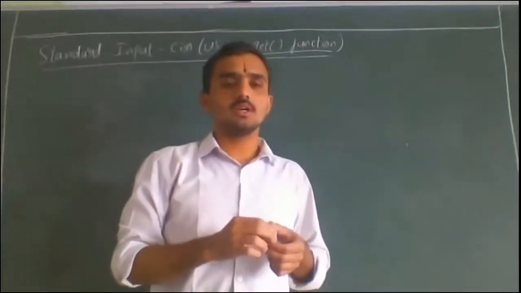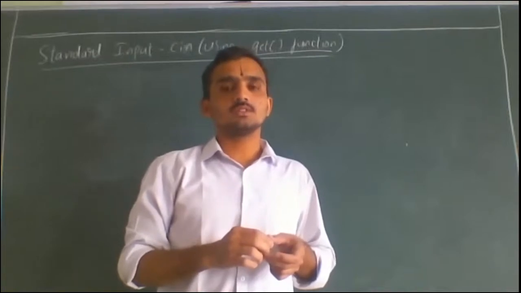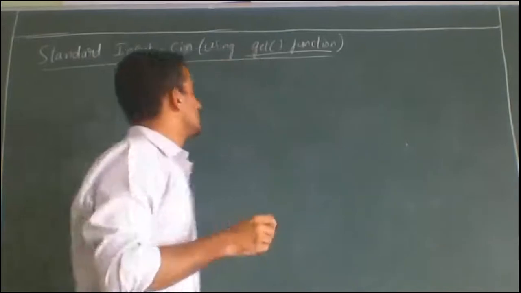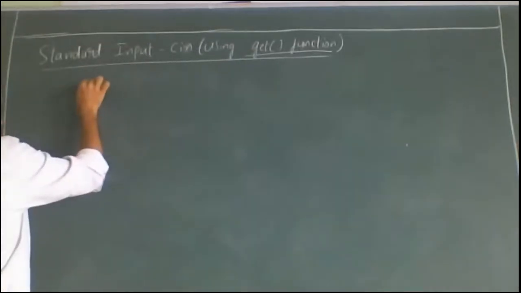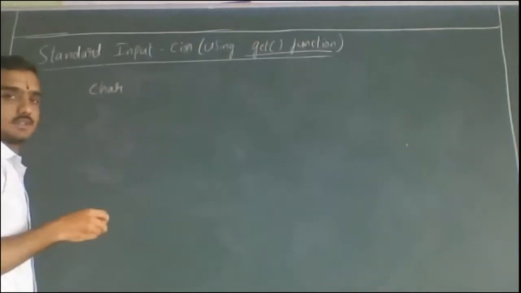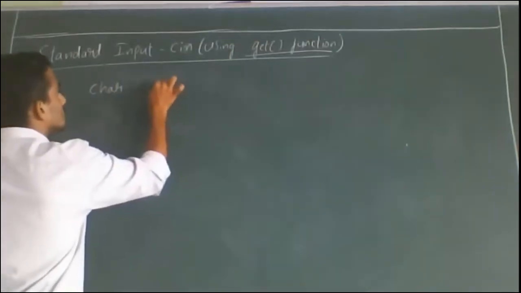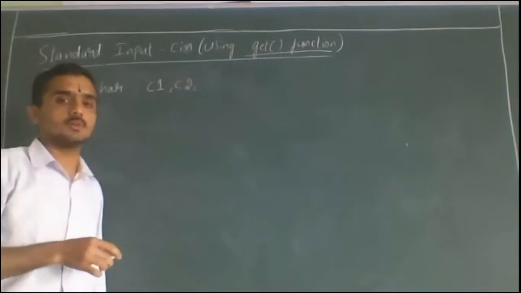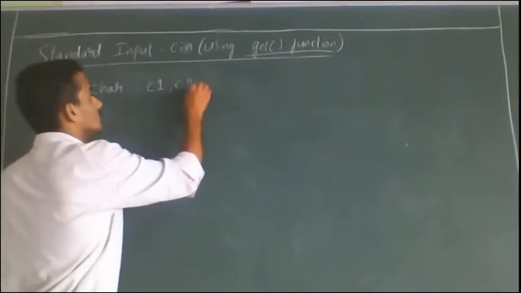Okay, before we go to the get function, let us try to understand how the blank space is skipped and how the values are stored. So now consider the variable declarations, say char, that is type character. Let us take two variables, C1 and C2, of type character.